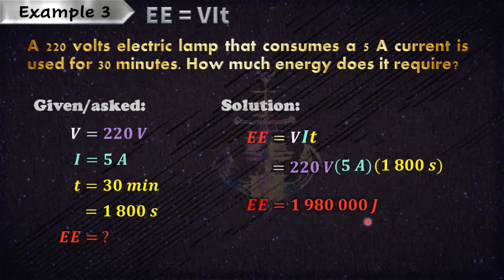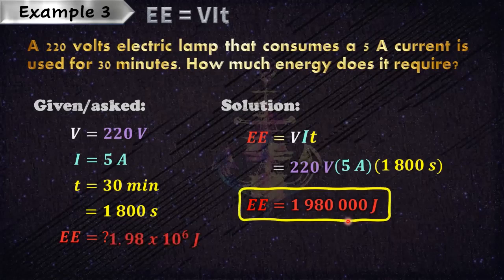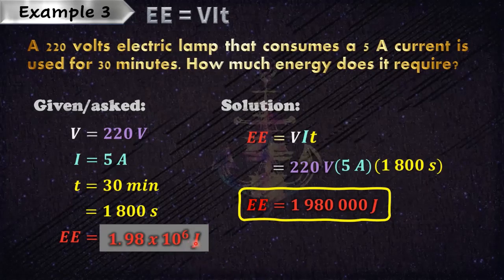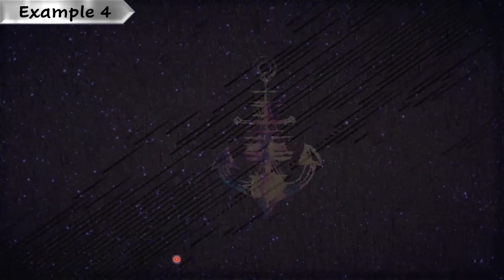Mostly, when the answer is already in the millions, it's much better to use scientific notation. So we have 1.98 times 10 raised to the power of 6 joules. That's if you are asked to give the answer in scientific notation. It depends on the instruction, whether the final answer should be in scientific notation.